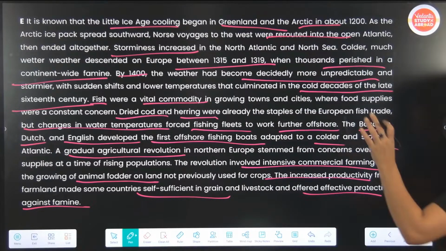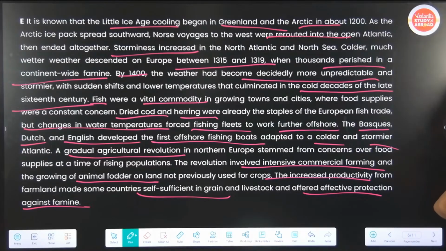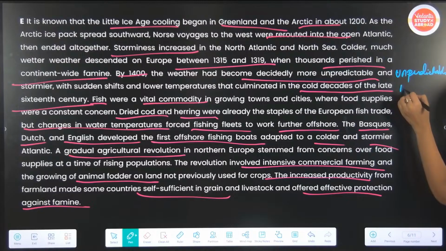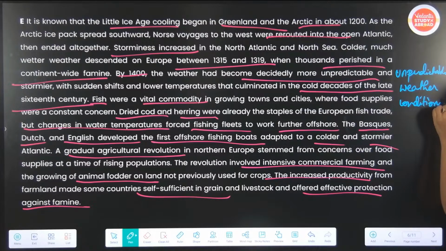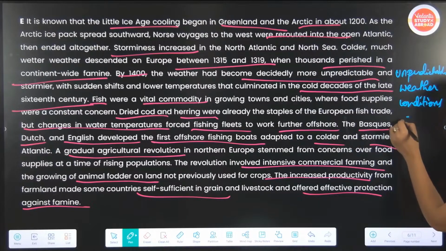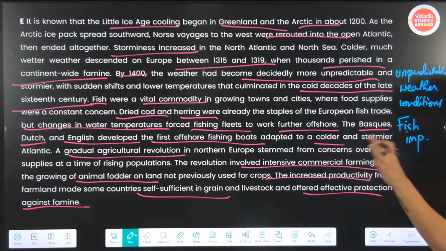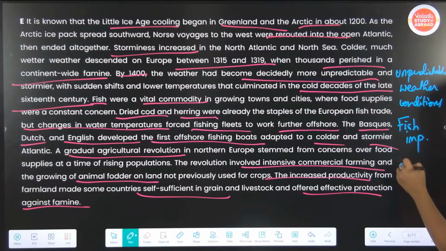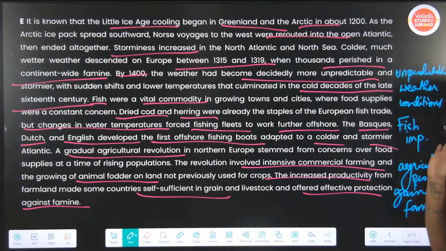So here we can say that this entire paragraph first explains the unpredictable weather conditions, how there were storms randomly, okay, how fish was important and how they were forced to fish further offshore, and lastly how agriculture was developed to protect against famines. Okay, this is what this is about.